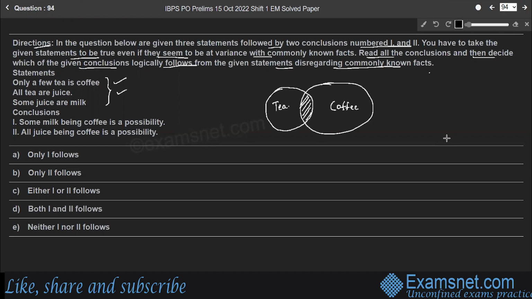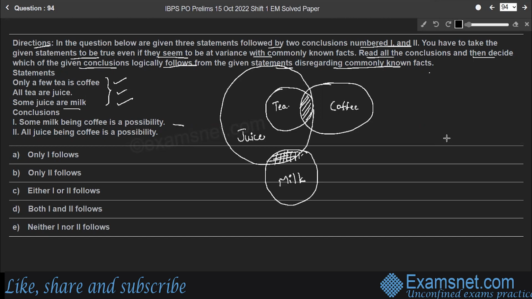That means the set of tea is completely included in the set of juice. Right? Therefore, all tea are juice. And the third one, some juice are milk. Set of milk, and the portion common to both juice and milk. So this portion represents some juice are milk.